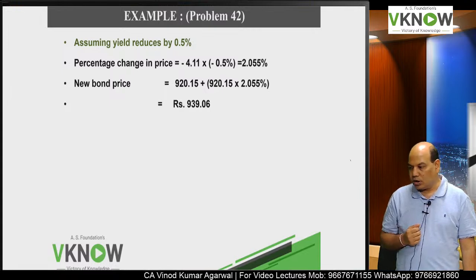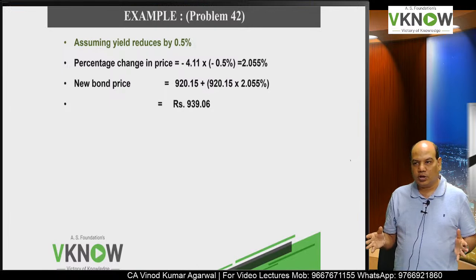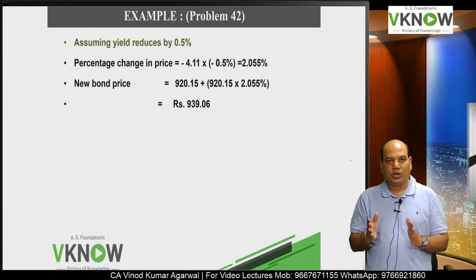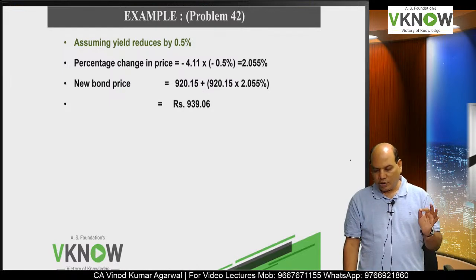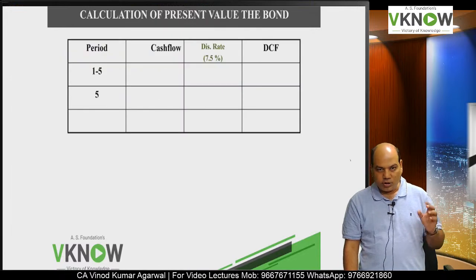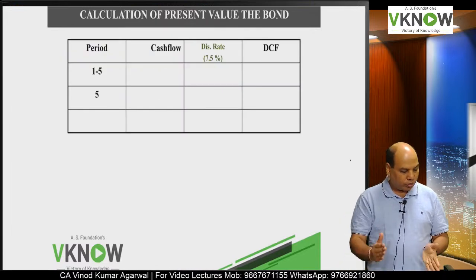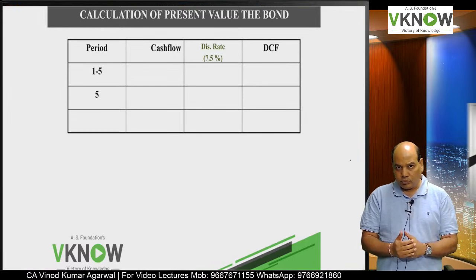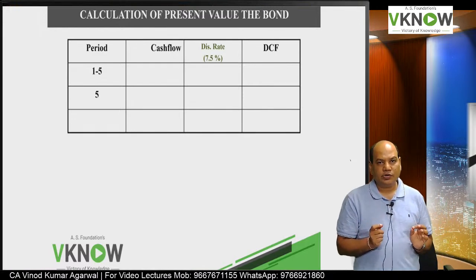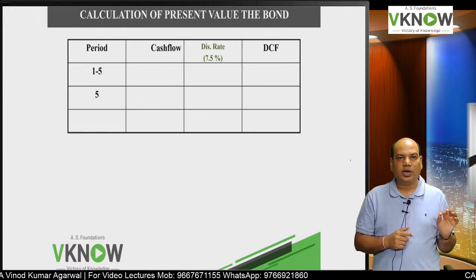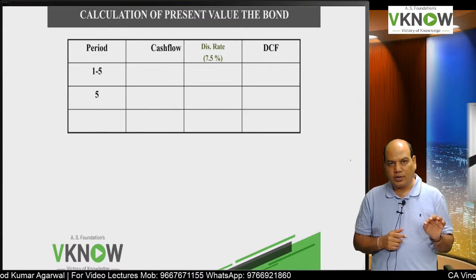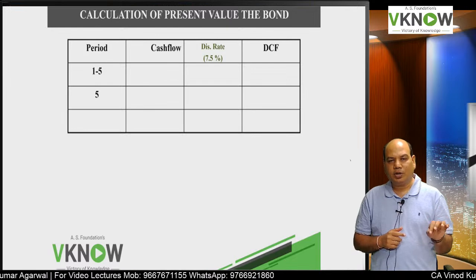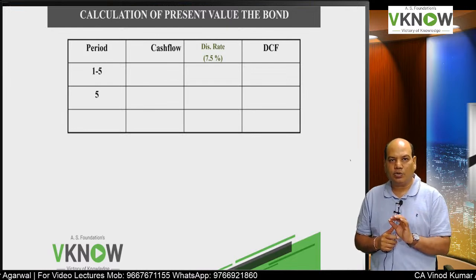Then the student can ask me, instead of doing so much, I could have simply discounted the future cash flow by 7.5%. Yes, you can do that also. So come to your paragraph number 31. There are two ways you can get the revised bond price. One is by applying duration concept and one by simply calculating the present value.